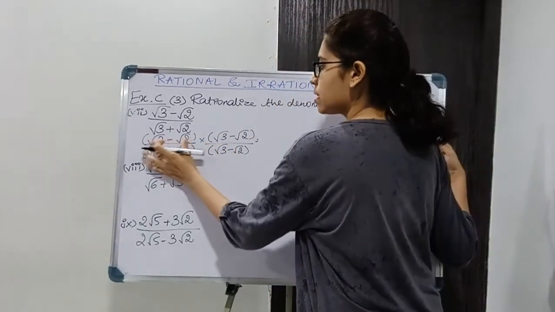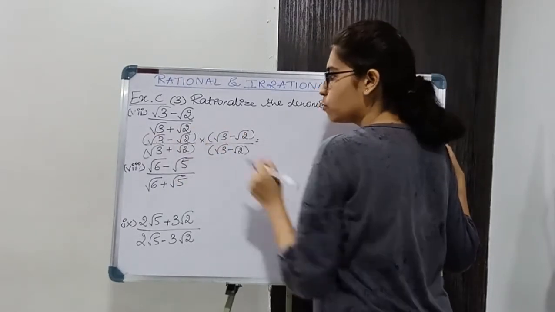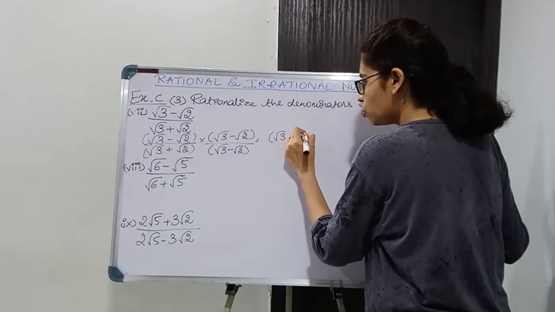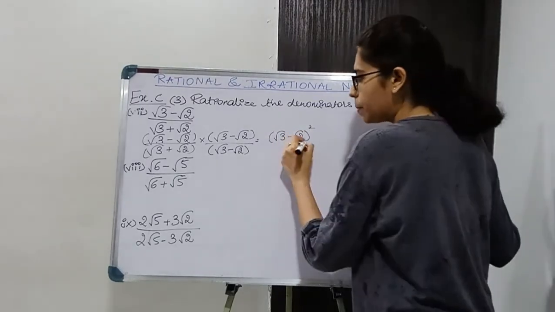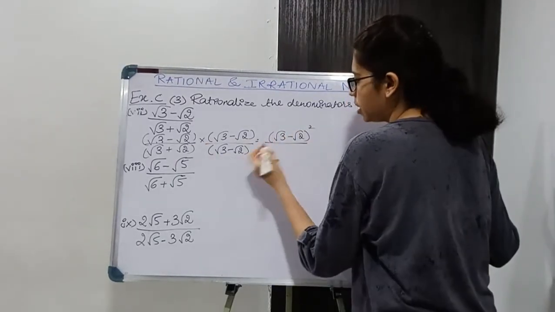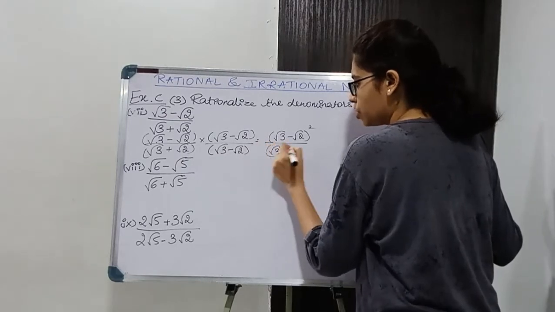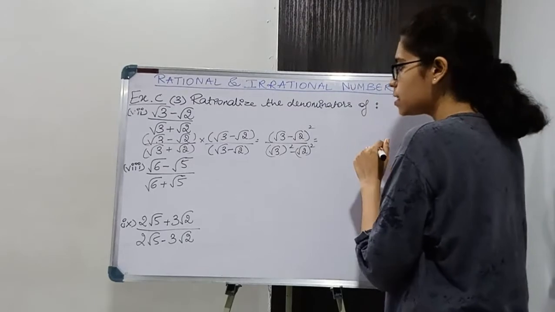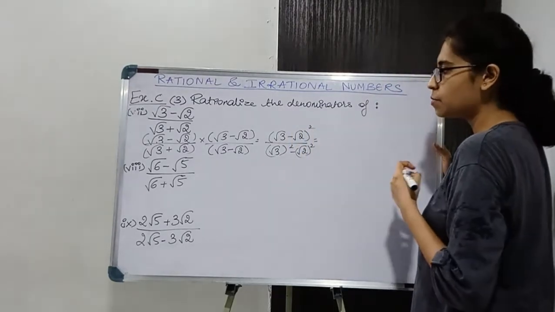Now this is again same brackets मिल रहा है मुझे. So it is going to be root 3 minus root 2 the whole square, and in denominator root 3 square minus root 2 square. I'll expand this. It is of the form a minus b the whole square.